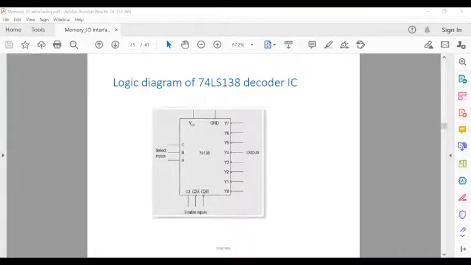A single 74LS138 IC can be used to interface up to 8 memory chips because it has 8 output lines, so you can connect 8 memory devices, either RAM or ROM, with these outputs.